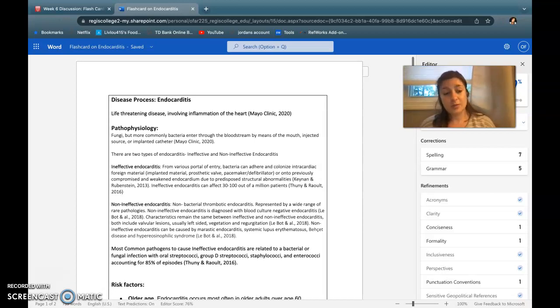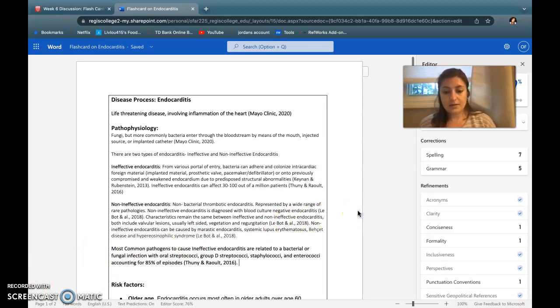So that's extremely interesting. I didn't realize. The most common pathogens in infective endocarditis are streptococci, group D streptococci, staphylococci, enterococci, and these bugs essentially account for 85% of the episodes causing endocarditis.